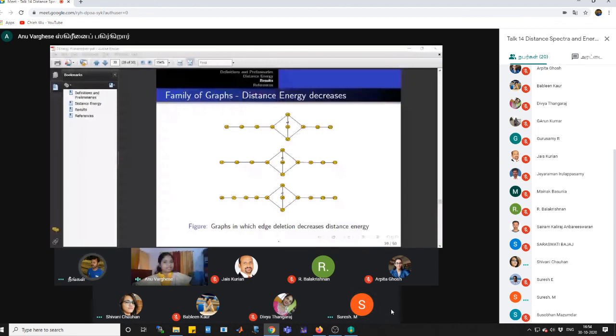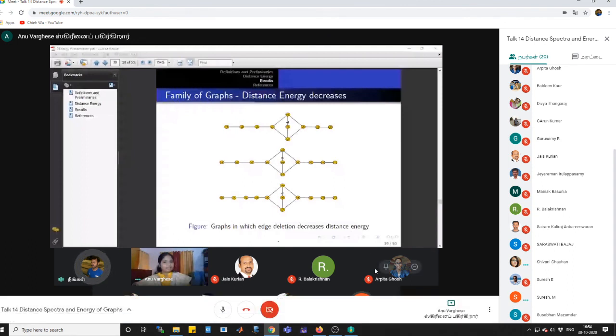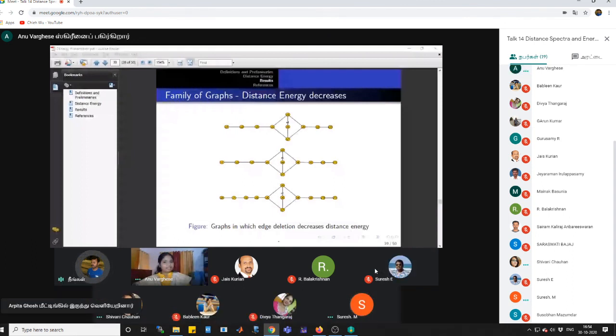I think the formula should be (-1)^(n-1) times 2^(n-2).